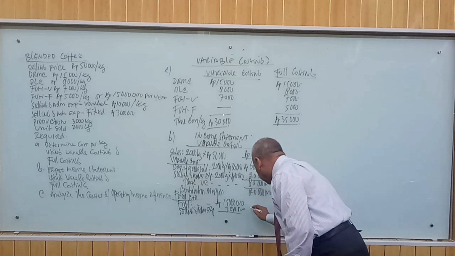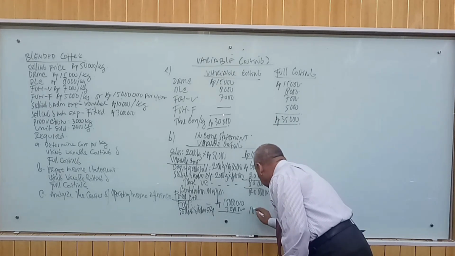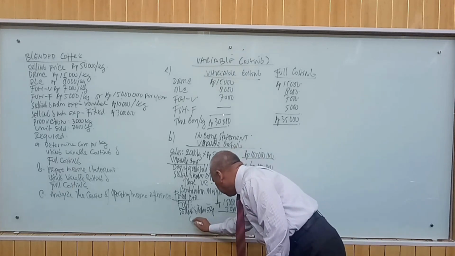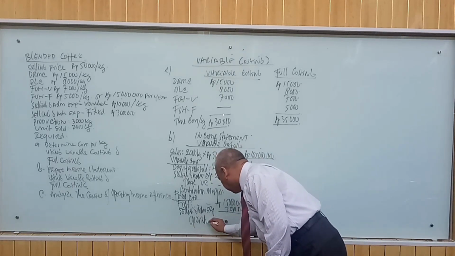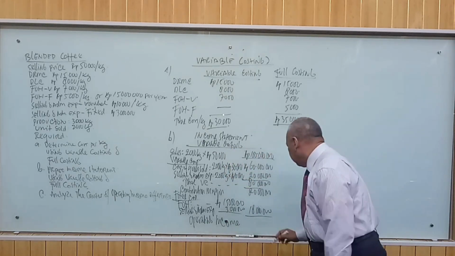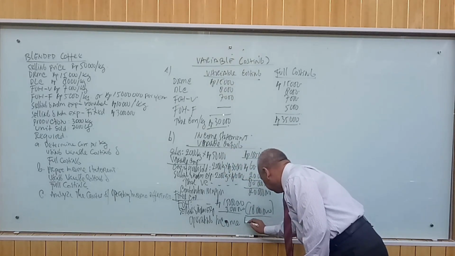So the total fixed cost is 18 million. So we have the operating income of 2 million.